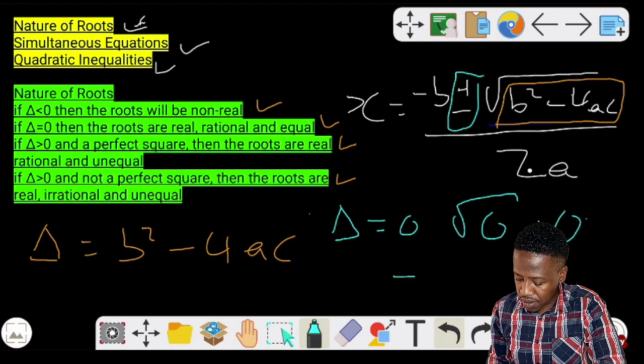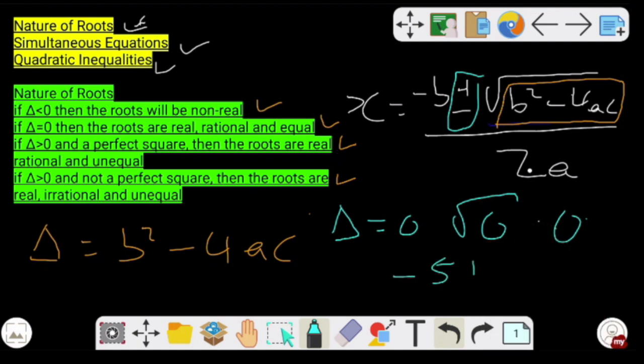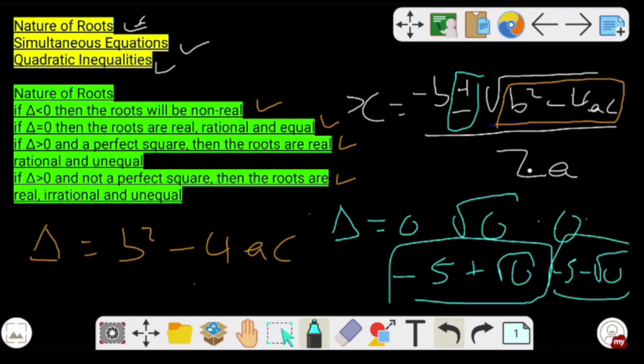Let's say this is minus 5 plus the root of 0, or minus 5 minus the root of 0. You will get the same thing, which is minus 5, meaning your roots will be rational, real, and equal.